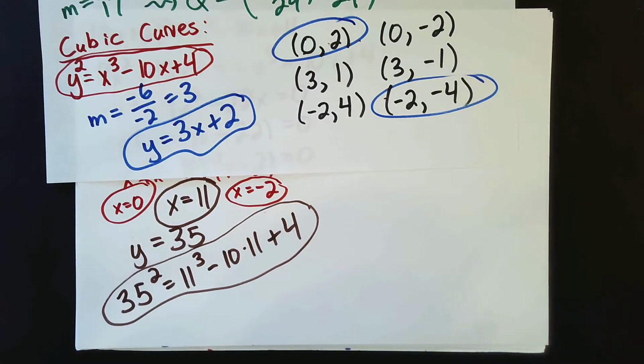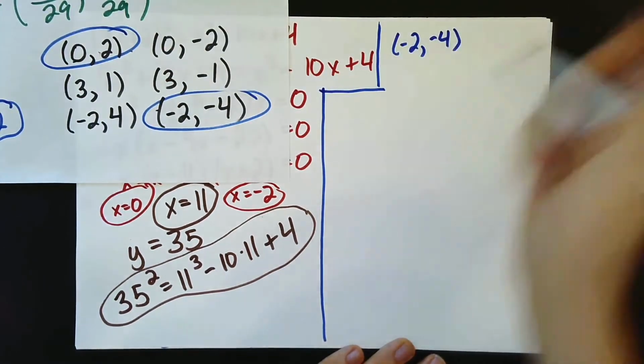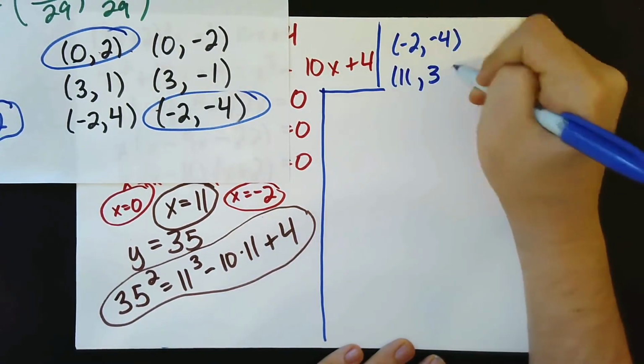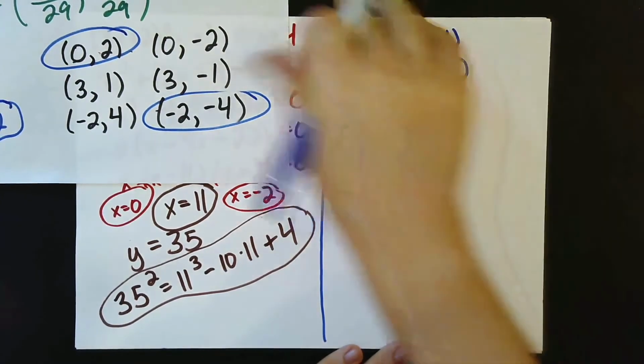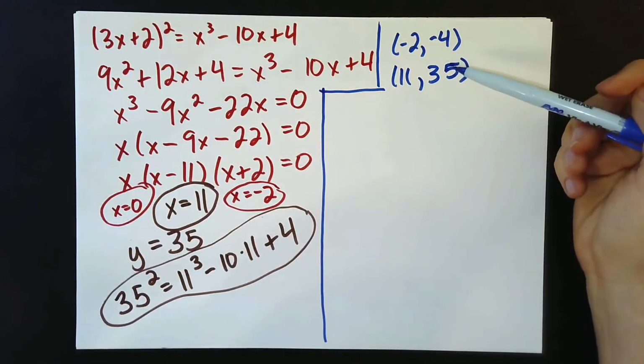Now, the nice thing is, I can repeat this process. So, I have the point here, minus 2, minus 4, and the new point, 11, 35. And with these points, I can do exactly the same thing.